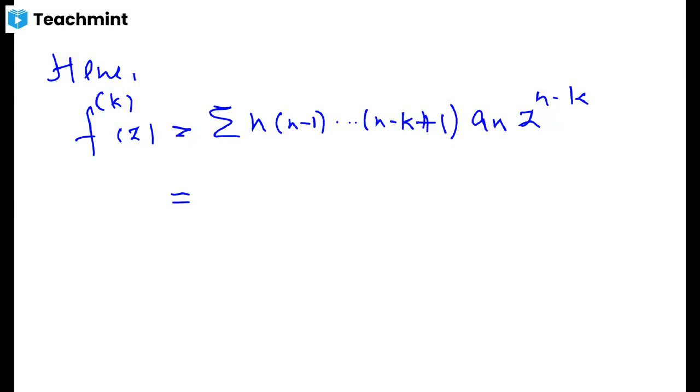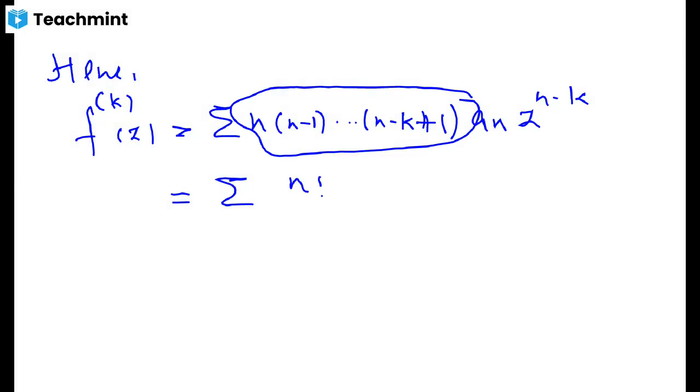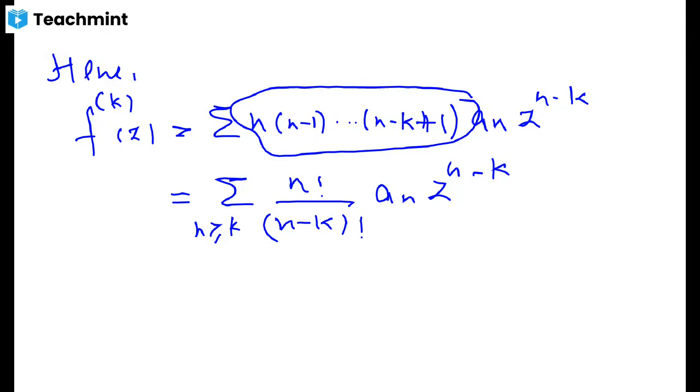You can write this number as n factorial upon n minus k factorial. Is it okay? This is the number, and it is a n z to power n minus k. Here the summation range you can take as n greater than or equal to k, because for n equals 1, 2, up to k minus 1 it will be 0, and k can be any natural number. This way you get all the derivatives of all orders of this function f of z.